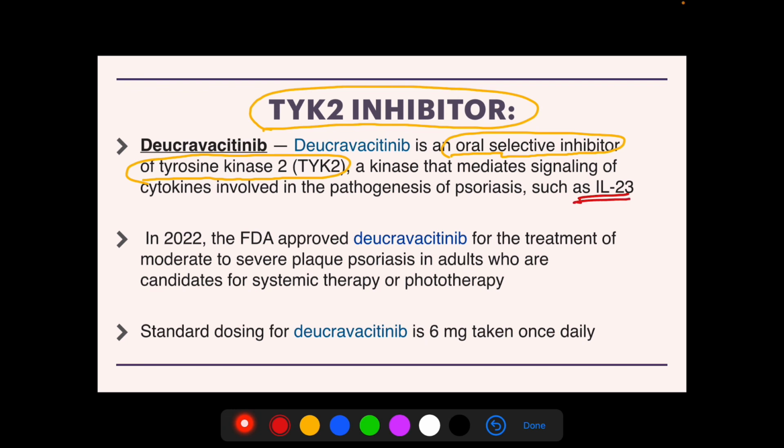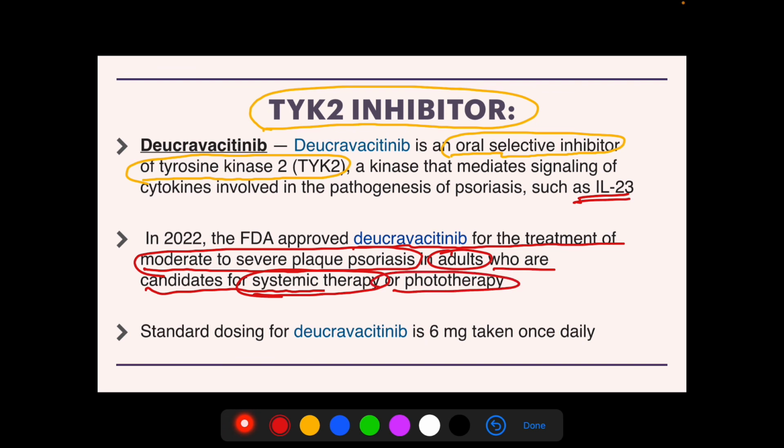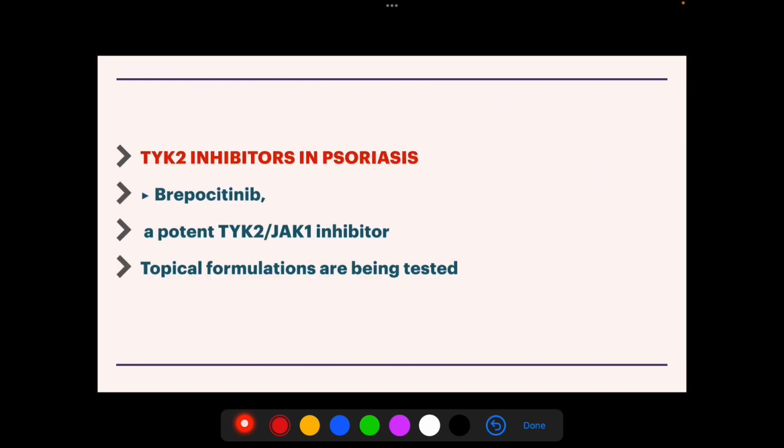In 2022, the FDA approved Deucravacitinib for treatment of moderate to severe plaque psoriasis in adults who are candidates for systemic therapy or phototherapy. Standard dosing for Deucravacitinib is 6 mg taken once daily.